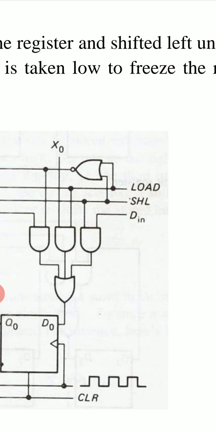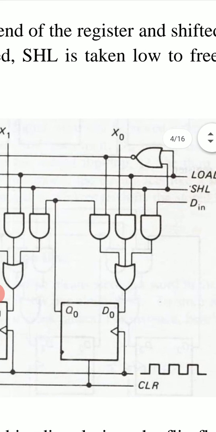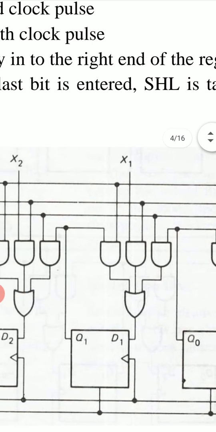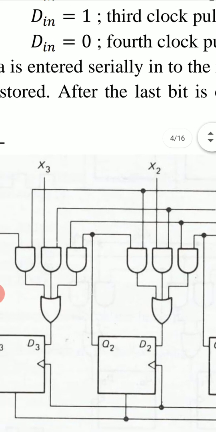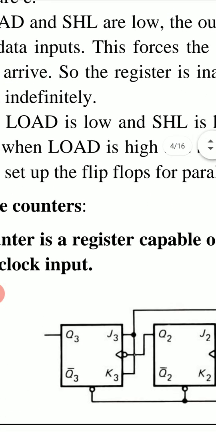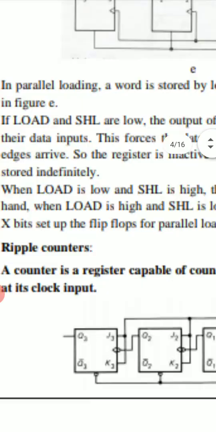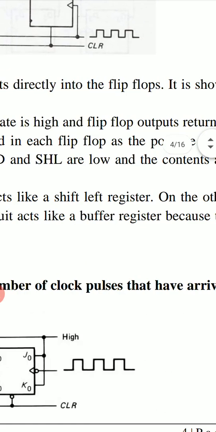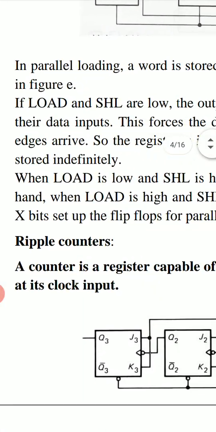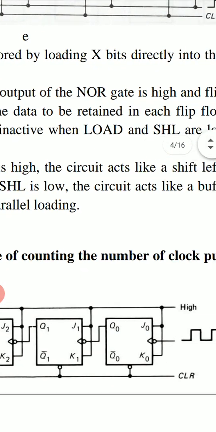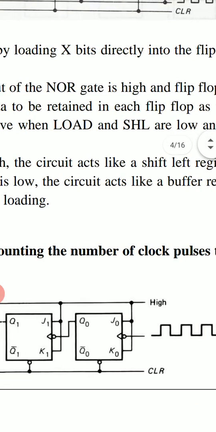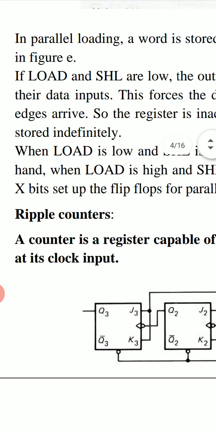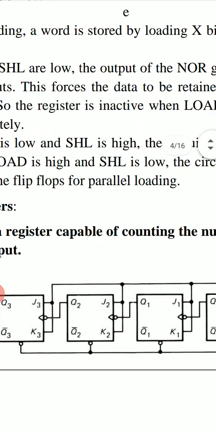And when SHL is 0 and load is 1, this will load these bits X0, X1, X2, X3 at one instant at the next positive clock edge. So when load is low and SHL is high, the circuit acts like a shift left register. On the other hand, when load is high and SHL is low, the circuit acts like a buffer register because the X bits set up the flip-flops for parallel loading.